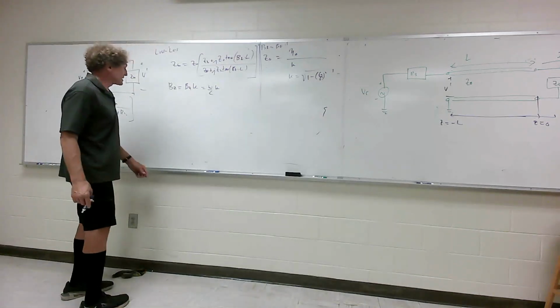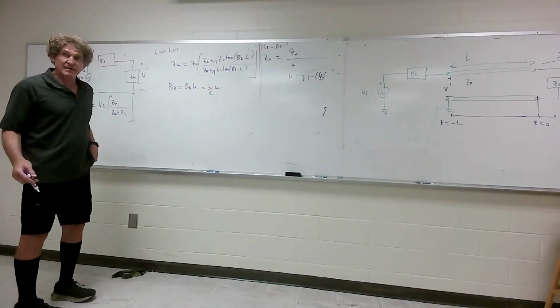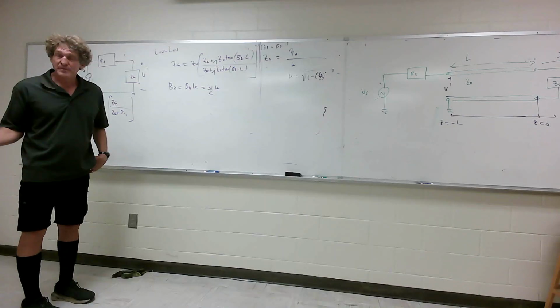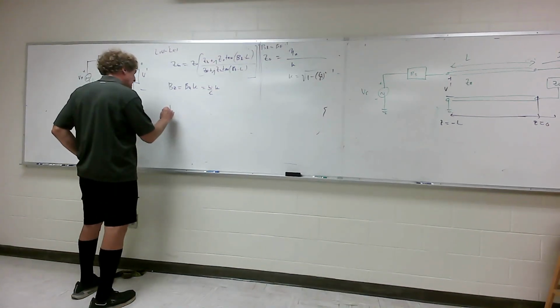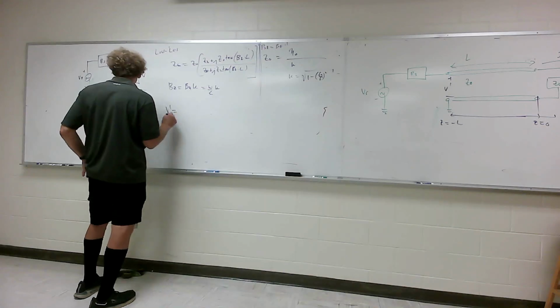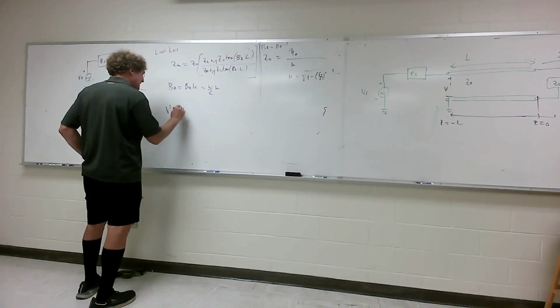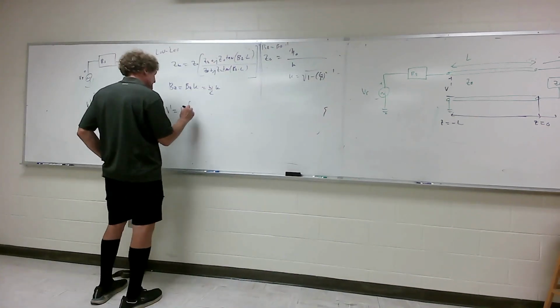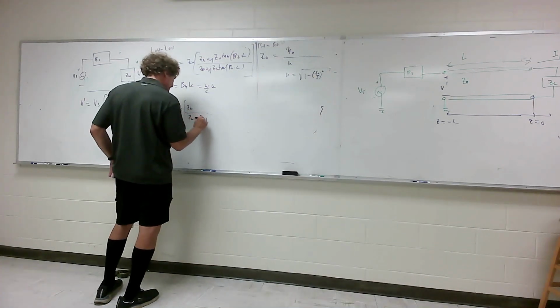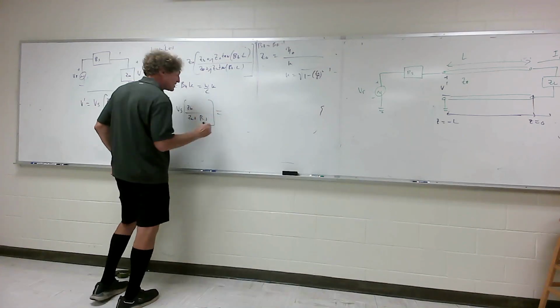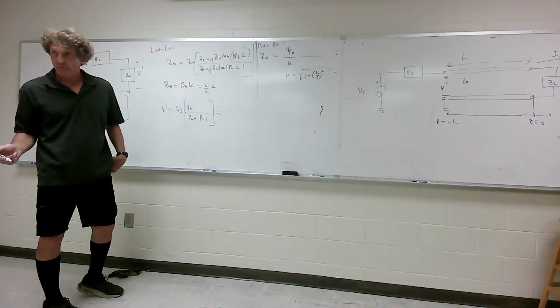All right, so now we get V prime. Now, this is the key to the whole thing. V prime itself would be simply what I put there, Vs times Zin over Zin plus Rs. Many of you remember doing that.